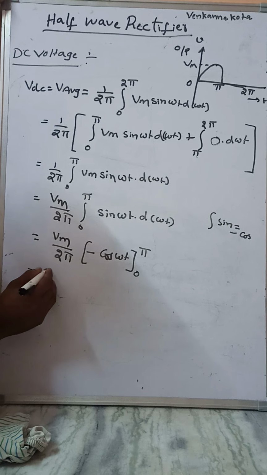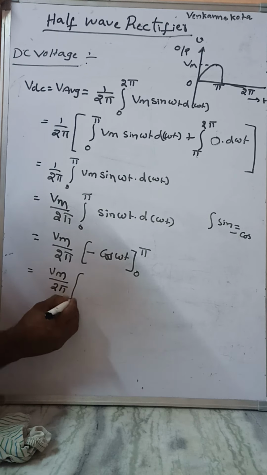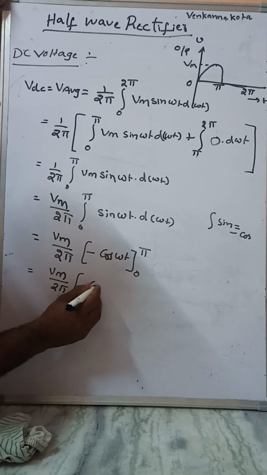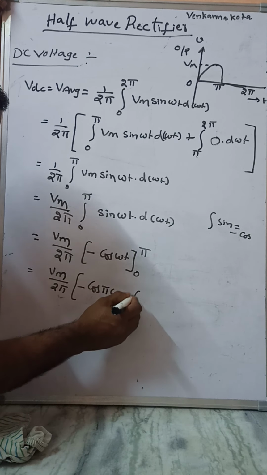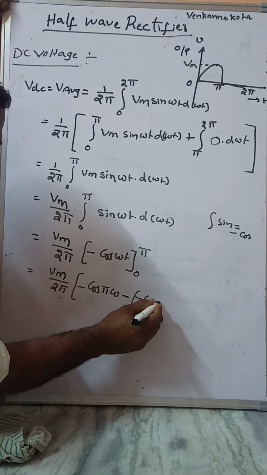So here, Vm by 2 pi, we have to apply the limits: minus cos pi minus, minus cos 0.